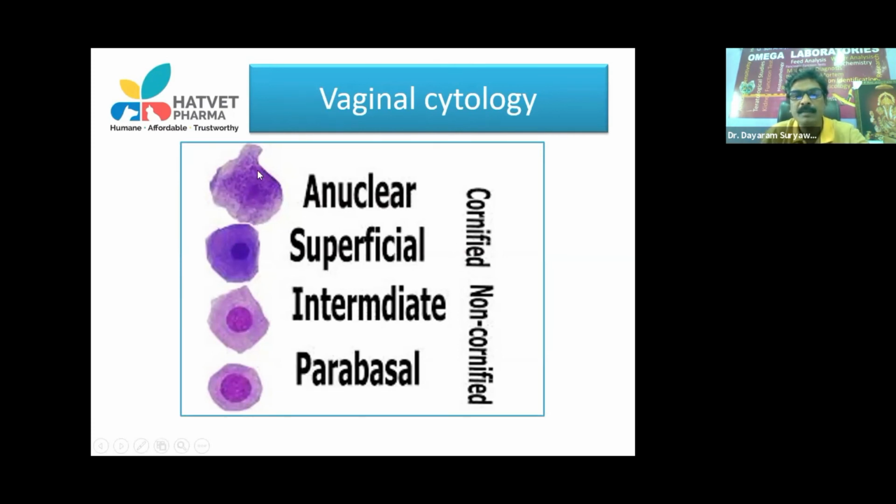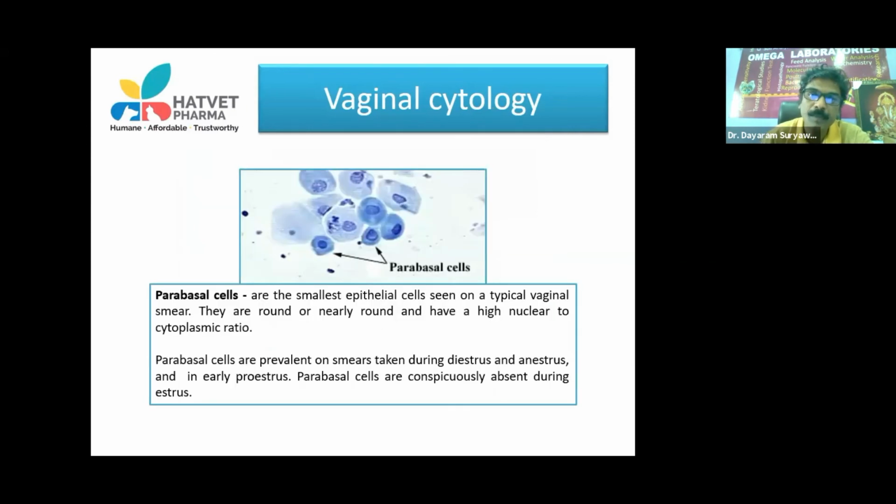These are the 4 types of cells that we are able to identify during vaginal cytology, and each one has its own interpretation for identifying the estrus phase or the cyclic phase of that particular bitch.